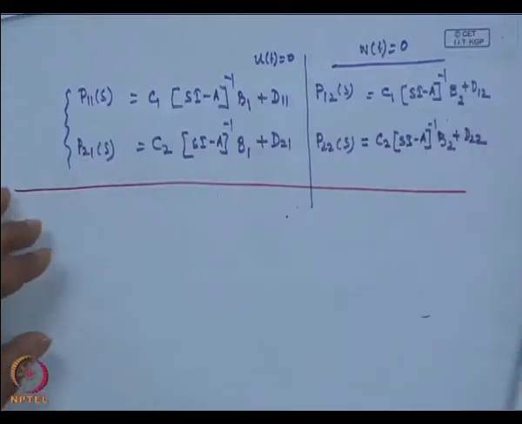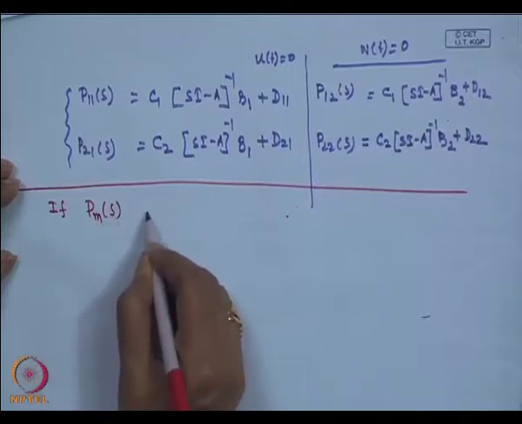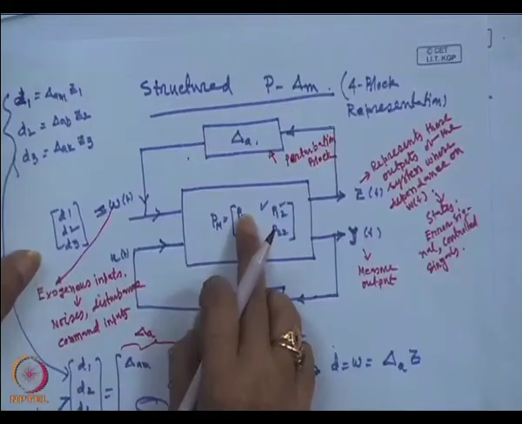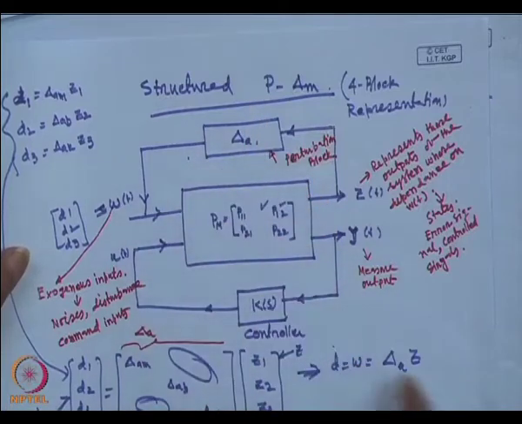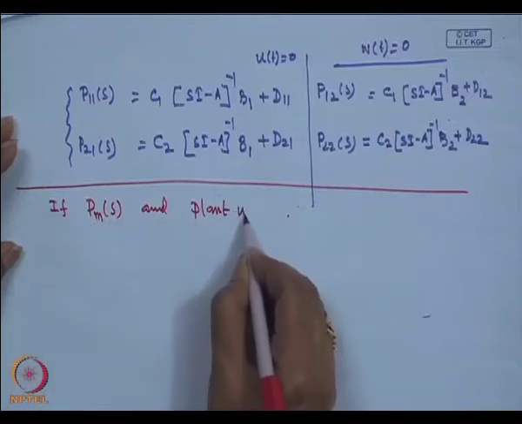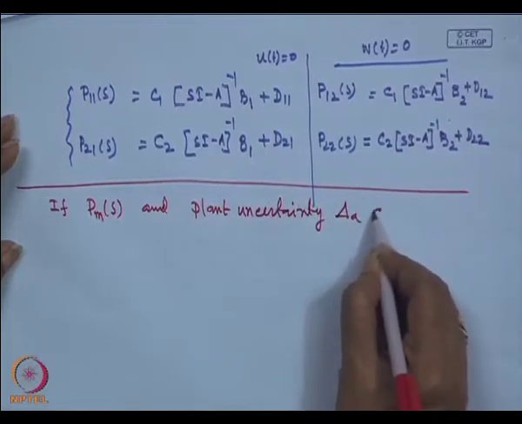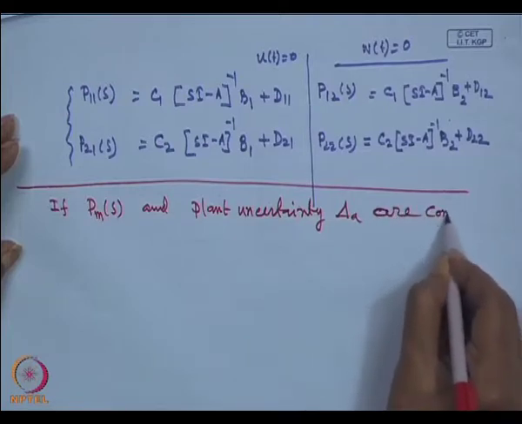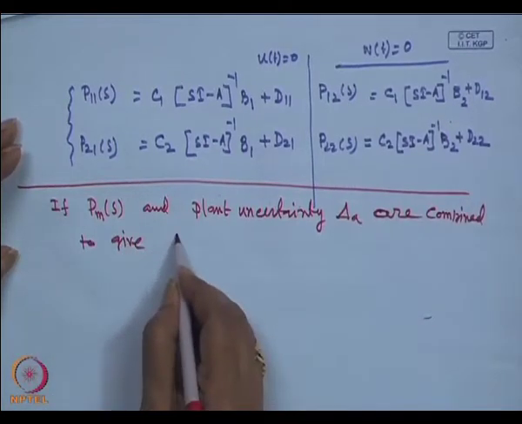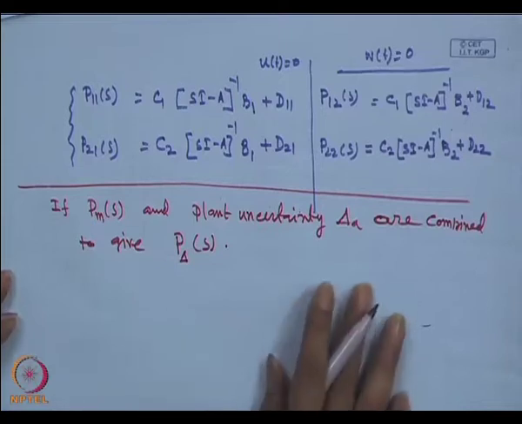So, if the plant PM of S and the plant uncertainty delta A are combined to give P delta of S, how to do it?